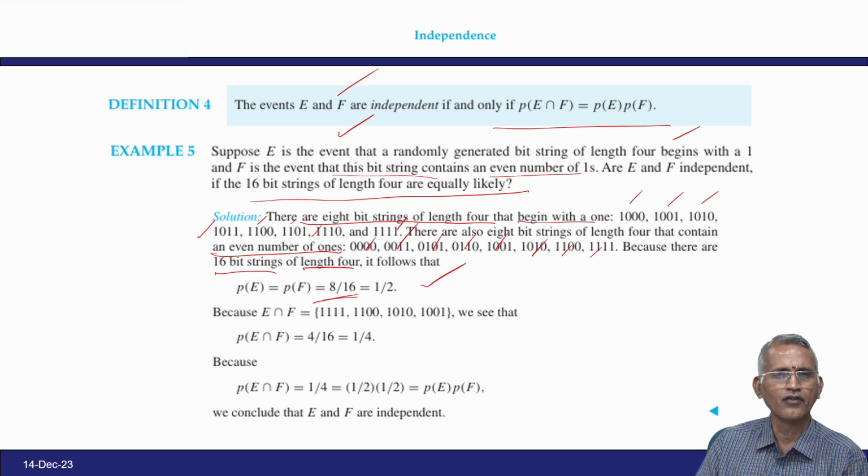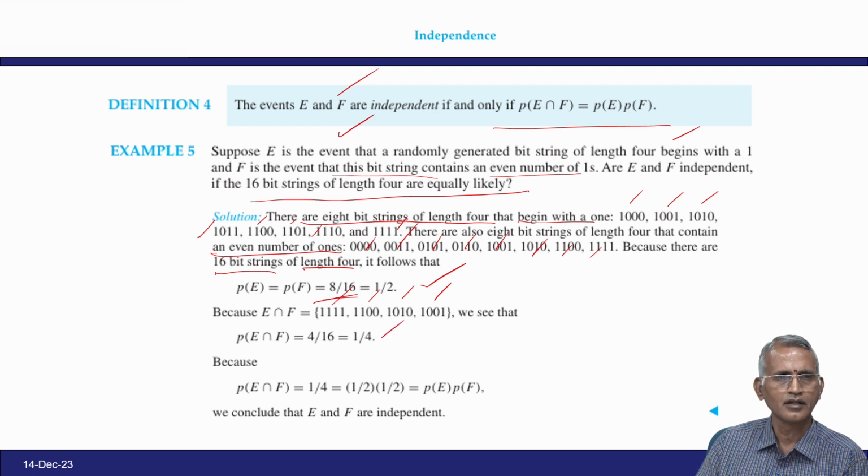The intersection of the two events E and F is 1111, 1100, 1010, 1001, and the probability of this intersection is probability of E intersection F equals 4 by 16 equals 1 by 4.